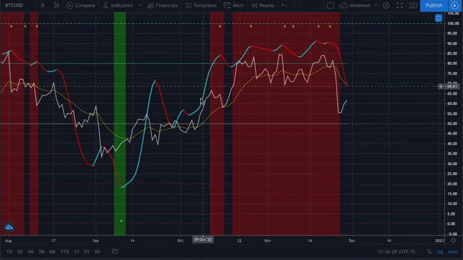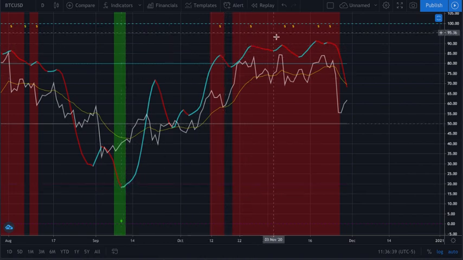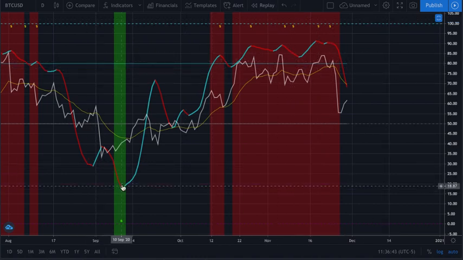So now what's happening in the background right here is we're using this area above the 80 or this area down here below the 20 to determine, are the bulls in clear control, which is what this red means right here, or are the bears in clear control, which is what this green means right here.